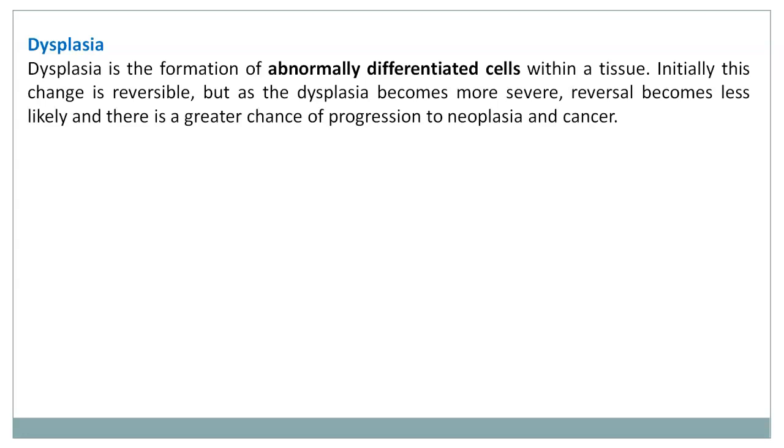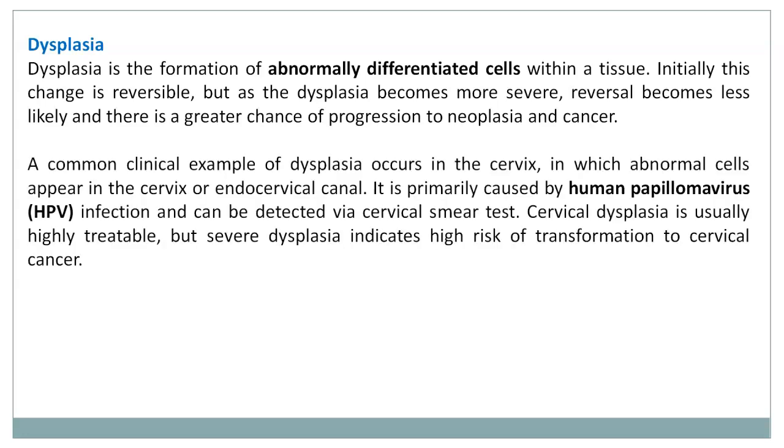Now, dysplasia. Dysplasia is the formation of abnormally differentiated cells within the tissue. Initially, this change is reversible, but as the dysplasia becomes more severe, reversal becomes less likely and there is a greater chance of progression to neoplasia and cancer.